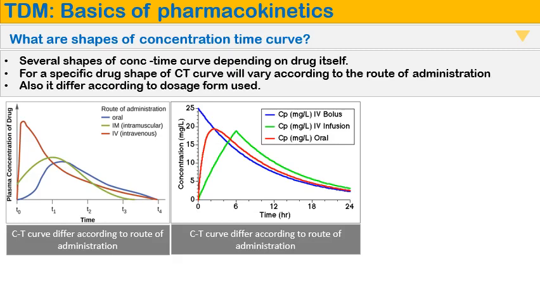While for the oral route there is an absorption phase that reaches the concentration max, and after that the elimination phase. While for IV infusion, the drug is delivered to the systemic circulation, but not rapidly, to reach the target plasma concentration, the concentration at steady state or effective concentration.